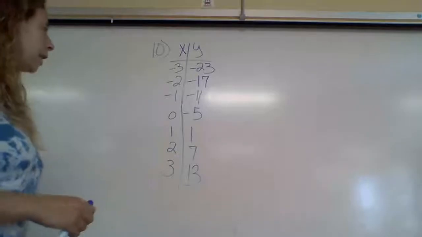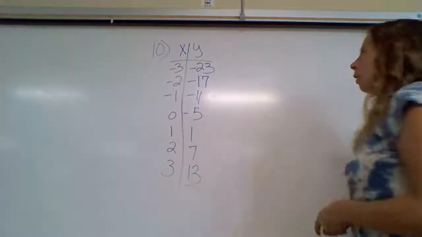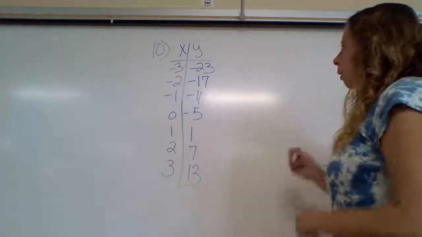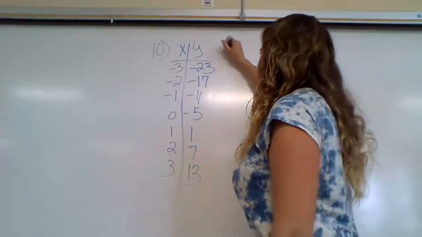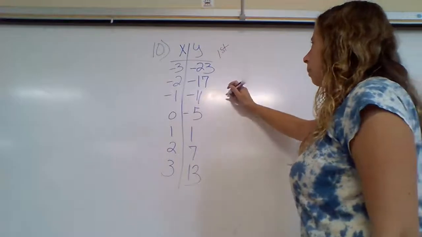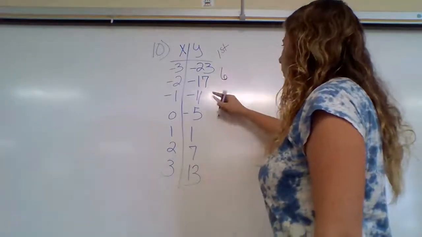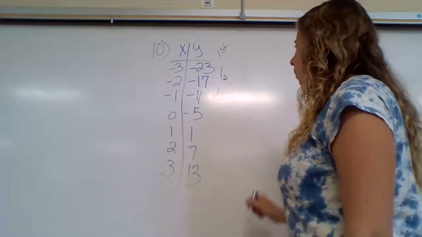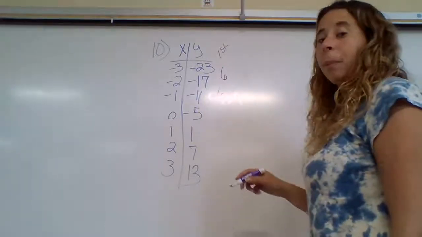So first things first, is it linear, or do we have to figure out the second difference to see if it's quadratic? Well, actually, the first difference, we can just figure it out anyway. The first difference is negative 23 to negative 17. You're adding 6, so plus 6. Negative 17 to negative 11, plus 6. Negative 11 to negative 5, plus 6.